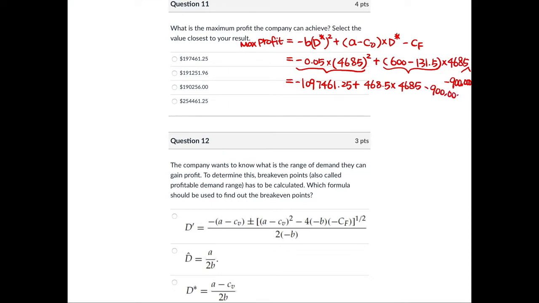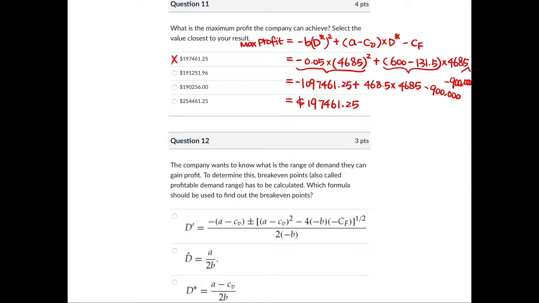And then minus 900,000. The final result is 197461.25. So 1974, that's going to be your answer.